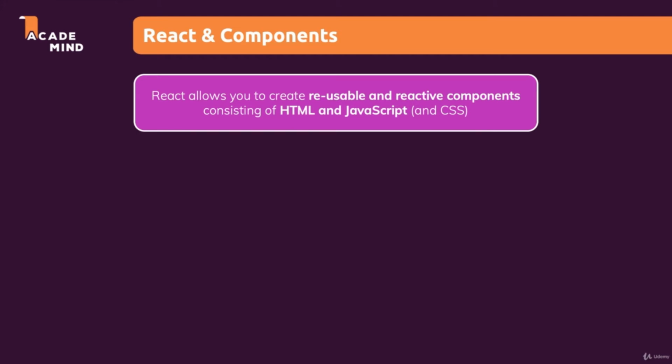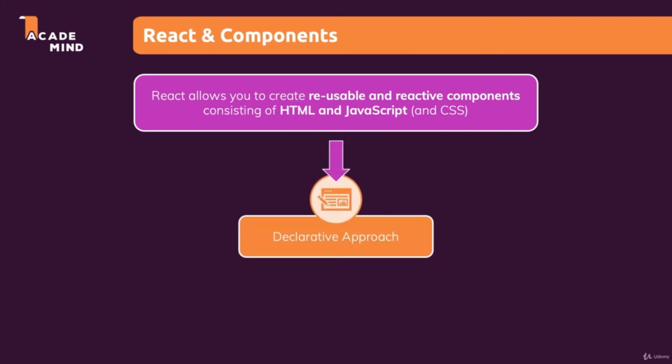Now here's the important part though. As you will learn throughout this course, React uses something which is called a declarative approach for building these components. And you will see what exactly that is. But it basically means that with React, you will not tell React that a certain HTML element should be created and inserted in a specific place on the user interface, as you would be doing it with vanilla JavaScript, so with just JavaScript, for example.